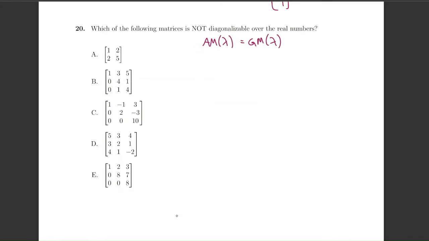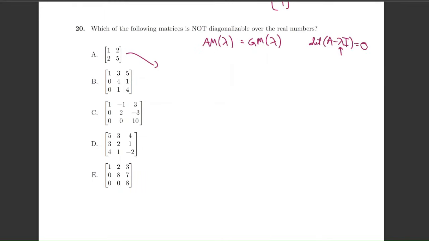That's kind of tedious, so we don't really want to do that. It's easier to just use what we know, which is that if there are distinct eigenvalues, then it is for sure going to be diagonalizable. And then we can just find the eigenvalues, which is a faster process. So for A, just to reiterate, to find the eigenvalues, we take the determinant of A minus lambda I, set it equal to 0, and solve for lambda.